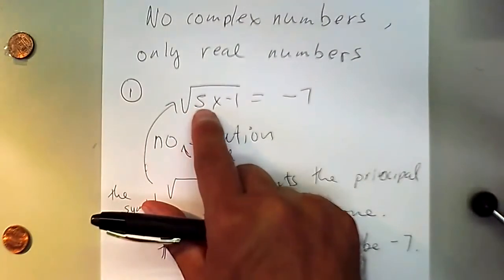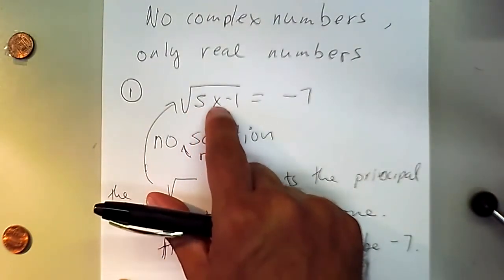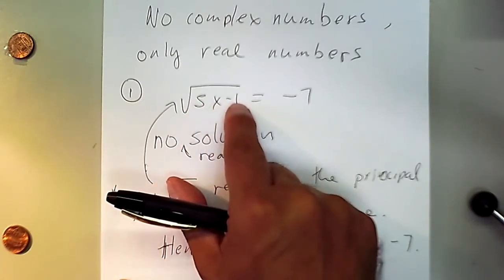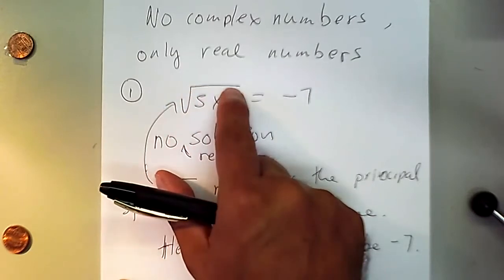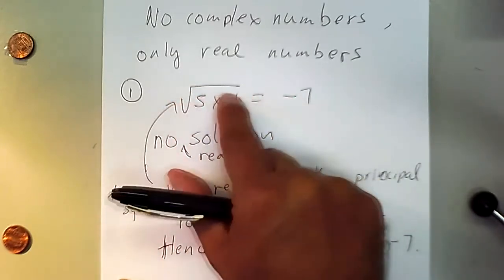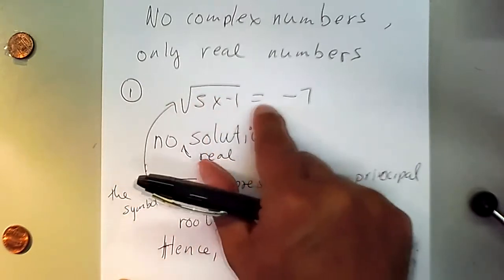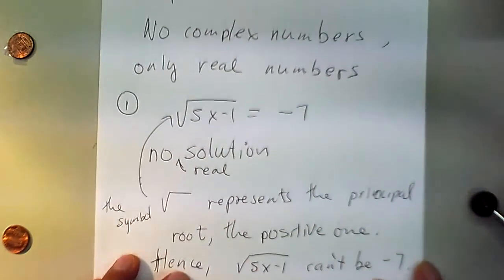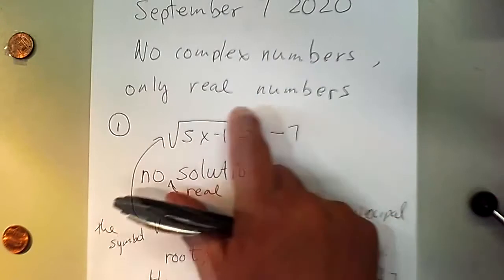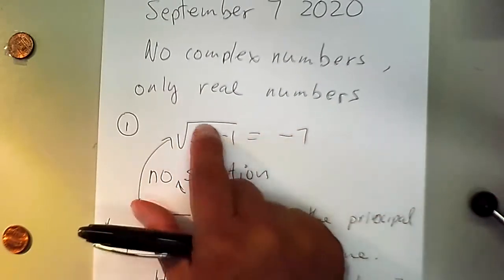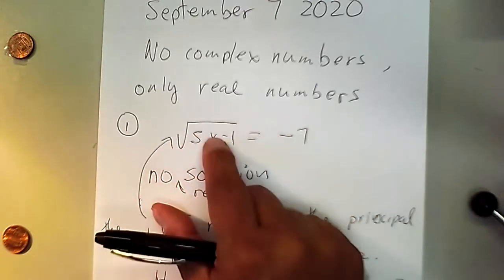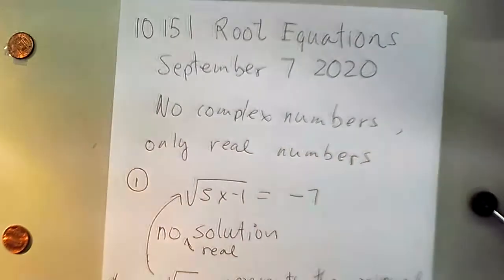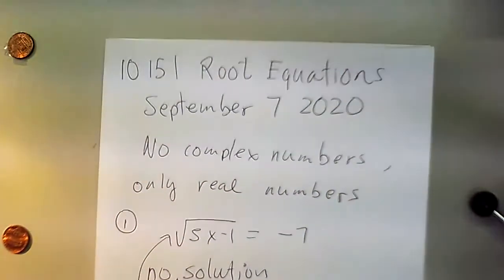For instance, if x was 10, somebody may say, wait a minute, 5 times 10 is 50, minus 1 is 49, square root of 49 is 7. Well, you would be doing all that work just to realize we cannot have a negative number. So you can save yourself a lot of time just by observing the equation and realizing this has no solution because the output of this has to be positive, maybe 0, but definitely not negative. Again, the reason for that is because we're dealing with no complex numbers.